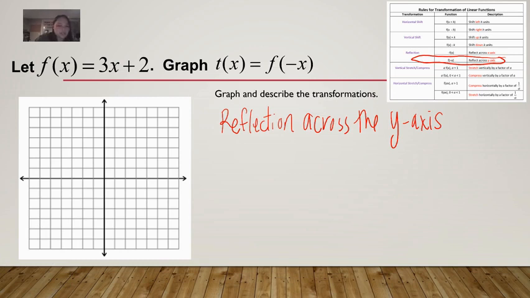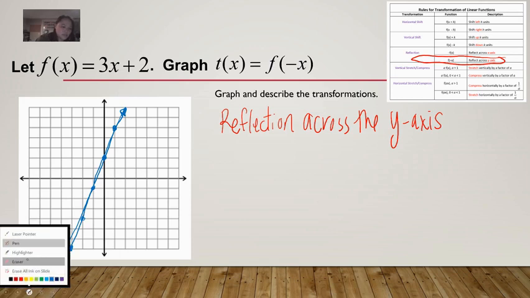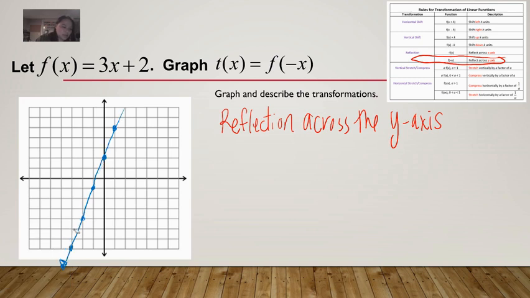F of x equals 3x plus 2, so y-intercept is at 2, and I'm going to go up 3 to the right 1, or down 3, left 1. Okay, then we're going to connect the lines. Sorry guys, I am using my laptop to graph that, so I can fix this right here.